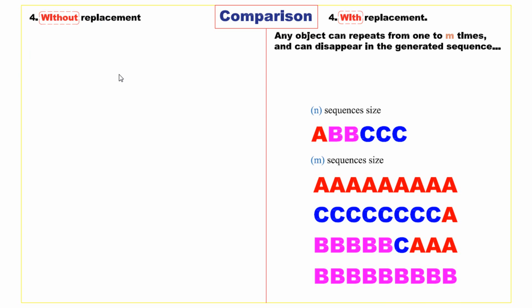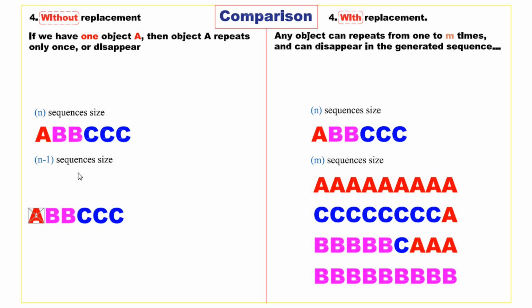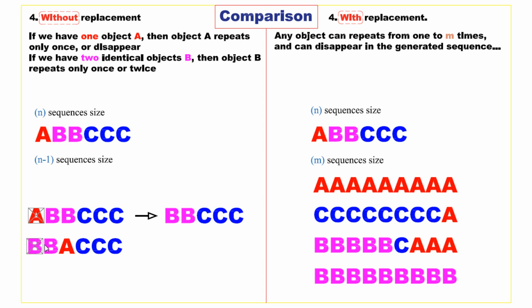As for the case without replacement, we have the original sequence with size n, and if we have one object A, then what happens to it? We are going to generate a sequence with size n minus 1, so we may cancel A and get a sequence without A, or we can cancel B and get a sequence with 1A. So we conclude if we have one object, then this object A repeats only once or disappears.